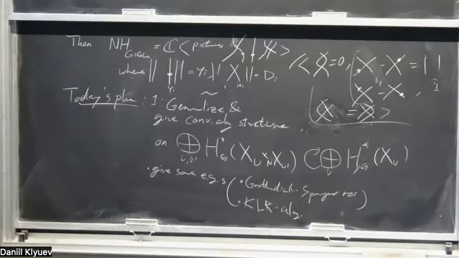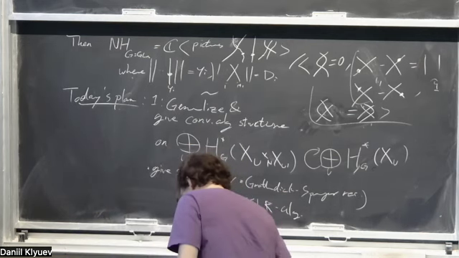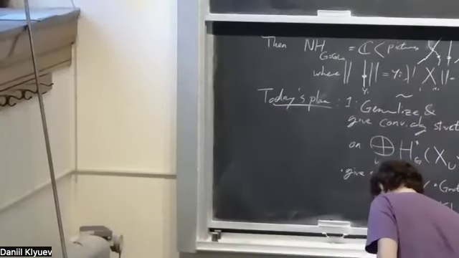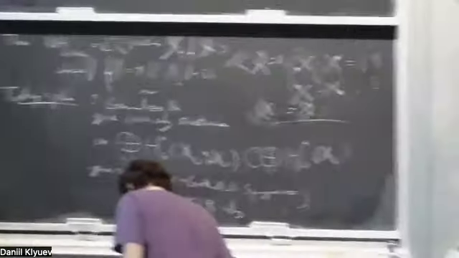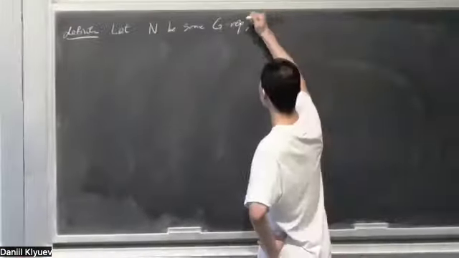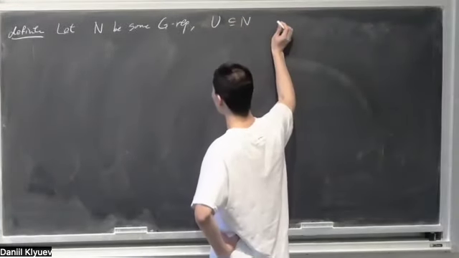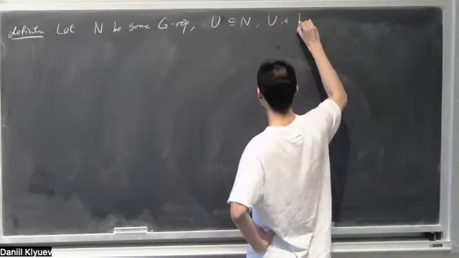Next thing to do. Definition or construction. Let G be a group, N some G-representation, B a Borel, and U inside of N where U is B-stable.